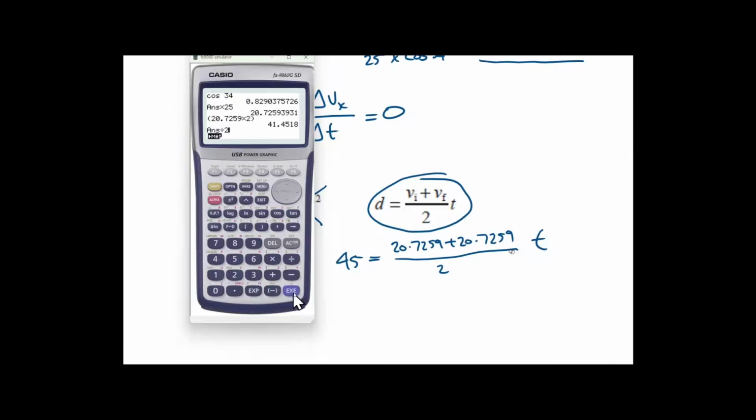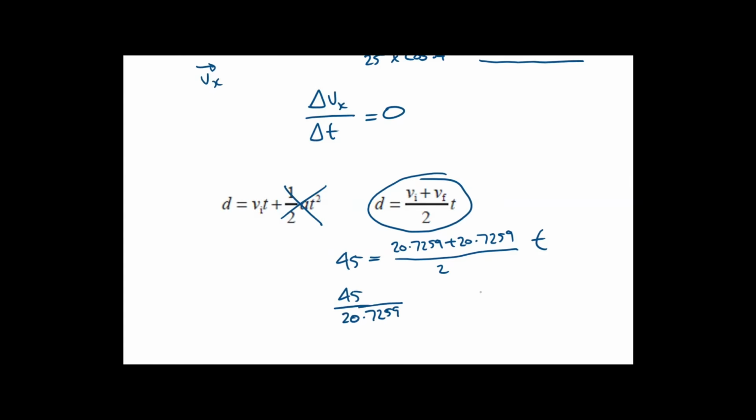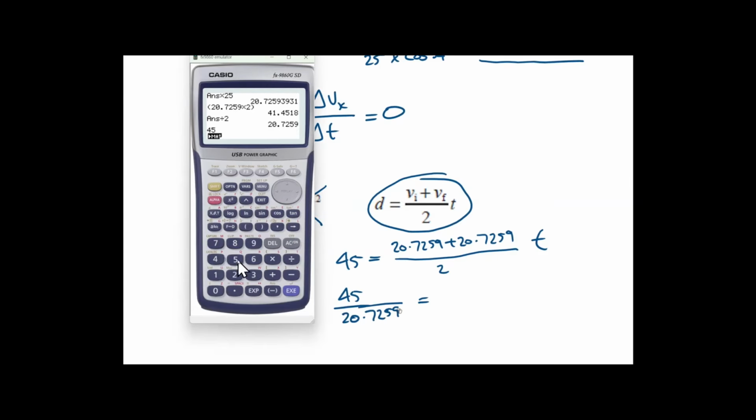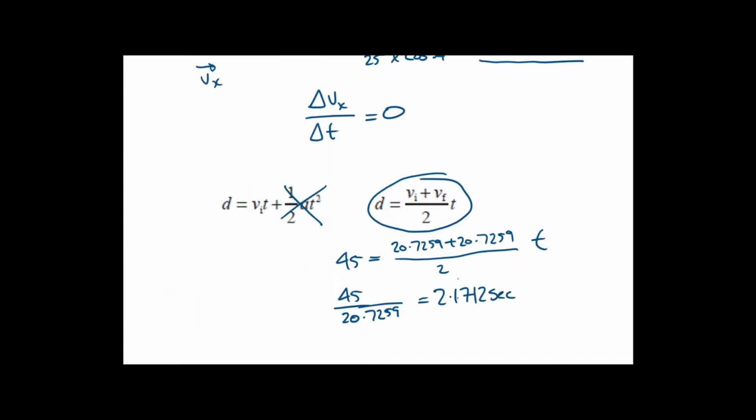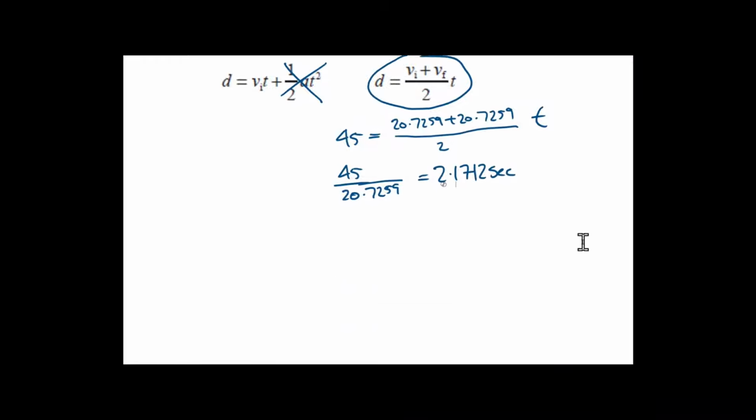Oh, we're going to divide that by 2, so it's kind of a stupid thing to do. And the time it's going to take is going to be 45 divided by 20.7259, which is 2.1712 seconds.